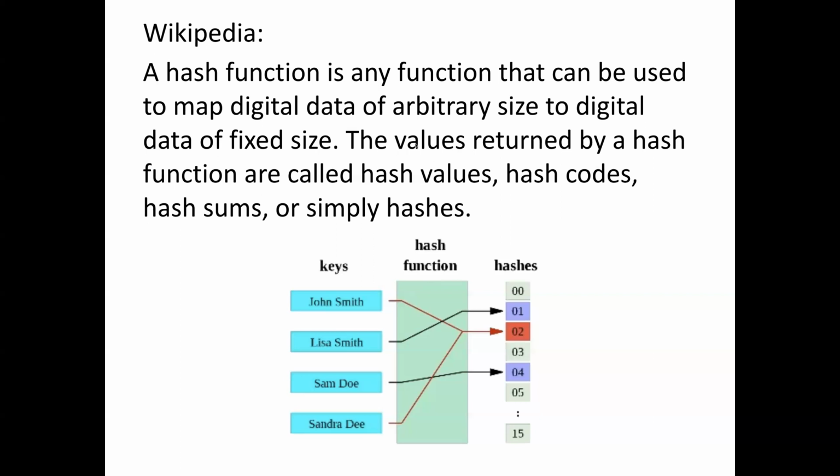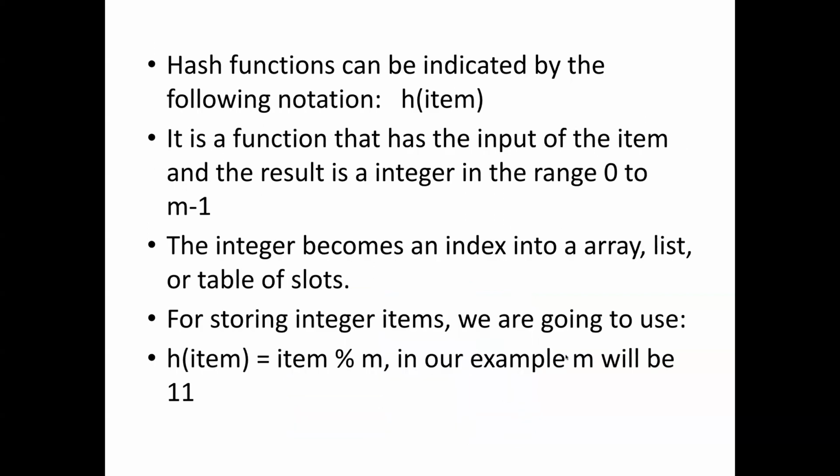Again, some terminology: the values returned by the hash function, we call hash values or hash codes, or simply hashes. Some more definitions: the hash function can be simplified as h(item), where the item is the input from the data set.